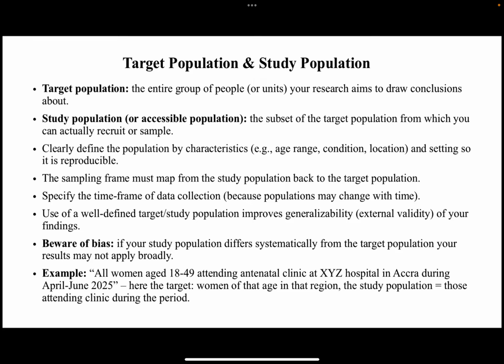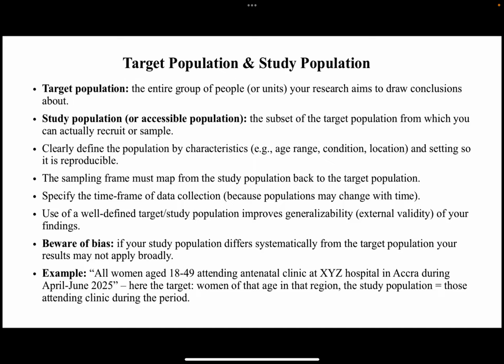Now, in describing your study population or target population, you should be aware of bias. If your study population differs systematically from the target population, your results may not apply broadly.